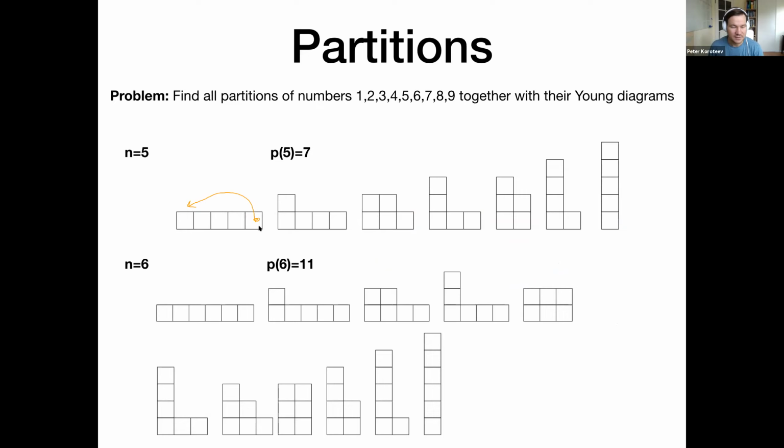That's how you get 2 plus from 1 plus 1 plus 1, etc. Then you take another block, and here you have a choice, right? You can put this block here to get this diagram, or you can throw it all the way there to get this diagram, right?